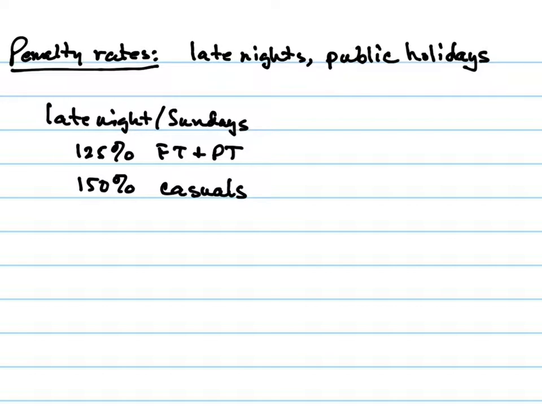So not only do you have to know the rate that's being charged, you also have to remember what kind of employee you're working with, either full-time or part-time, or if they're just casual employees pulled in for a specific amount of time.